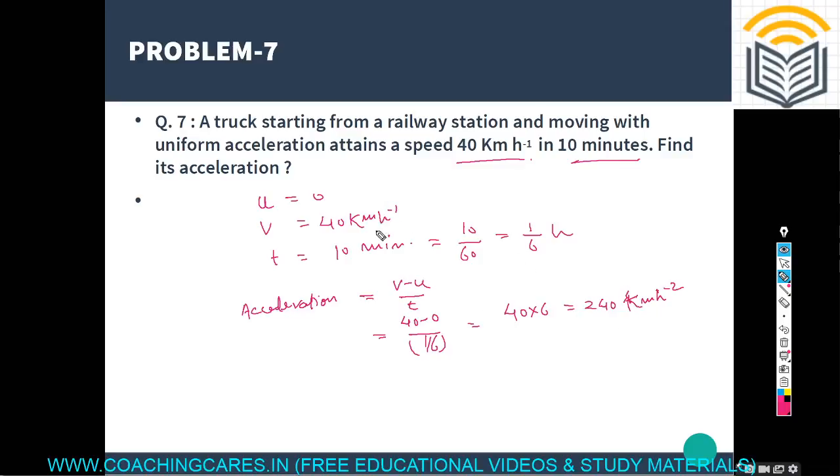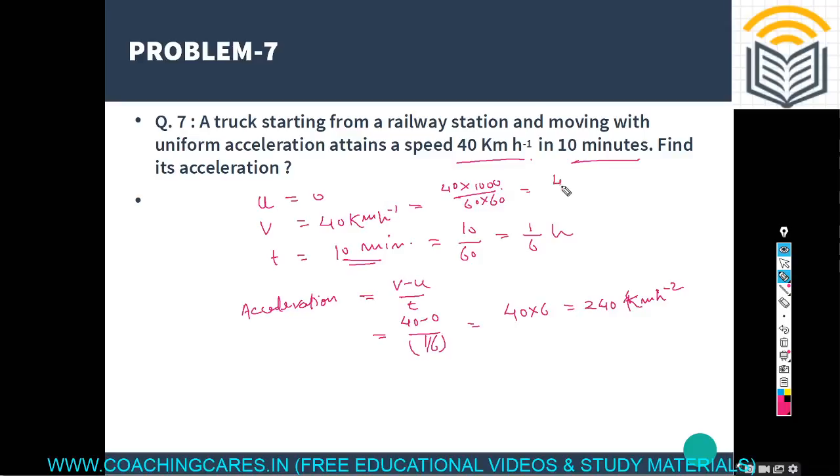If you want to calculate the same thing in meter per second square, we'll convert this time into seconds, and we'll convert this 40 kilometers per hour into meter per second, which will be equal to 40 into 1000 divided by 60 into 60.